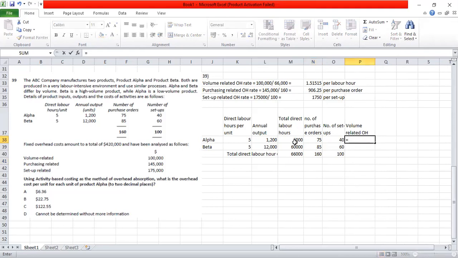What's the usage? How many hours per alpha? 6,000. Into what is the rate per unit? 1.515. So how much is the cost which is allocated? Just check that.